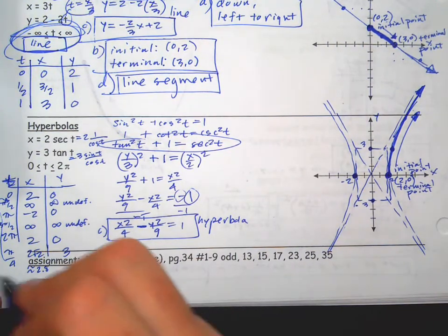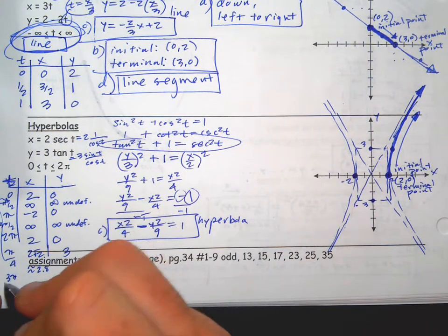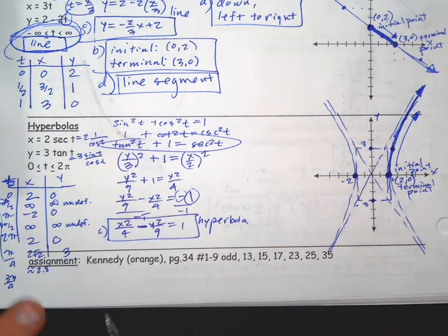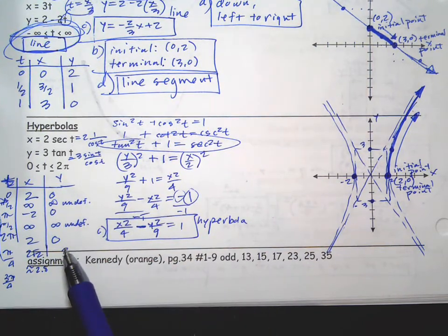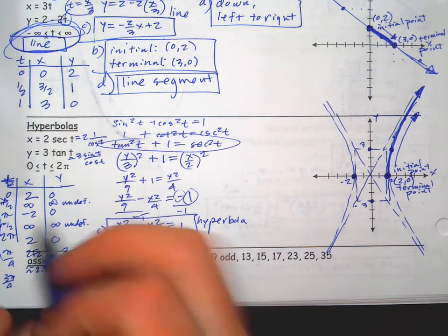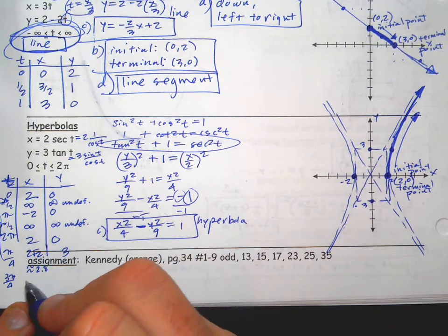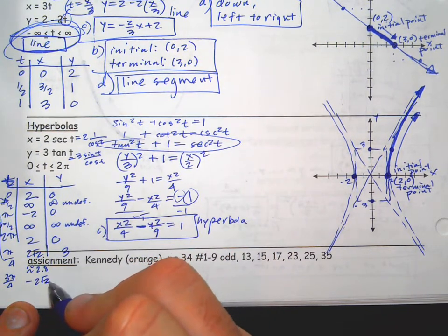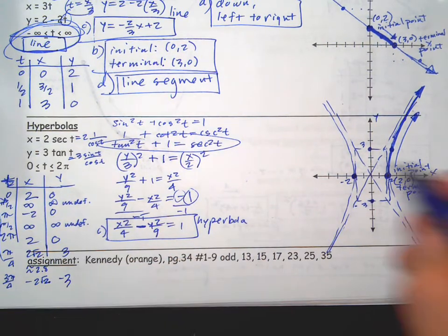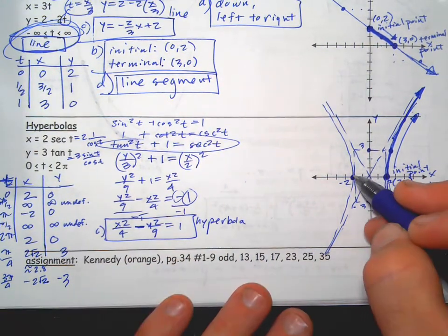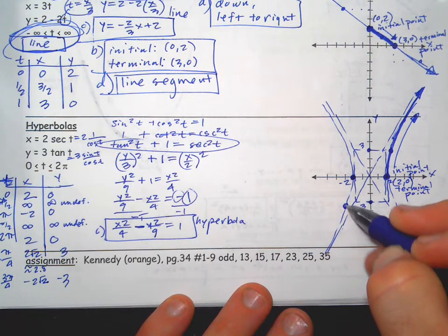And then if you were to do like say 3 pi over 4, that would be quadrant 2, so that would be negative 2 root 2 and negative 3. So that would be negative 2.8, negative 3. That would be like over here.